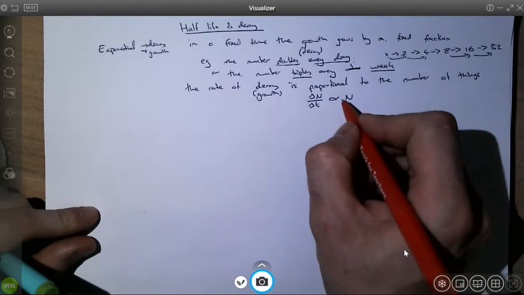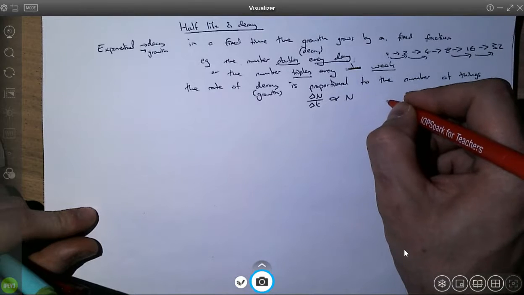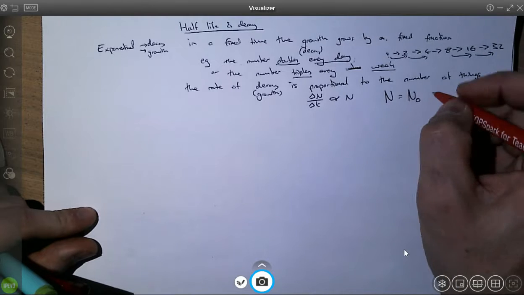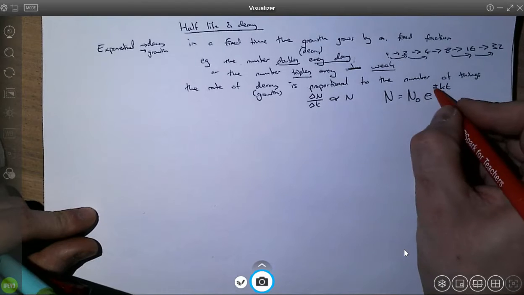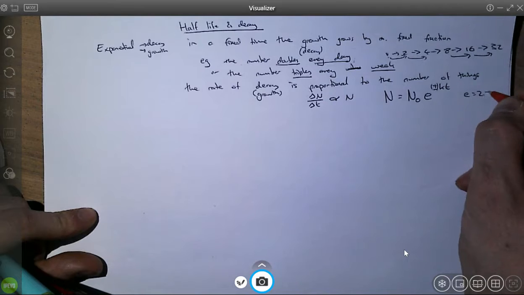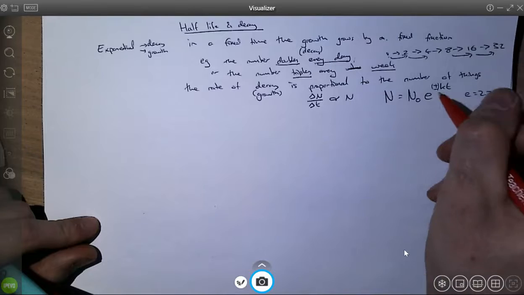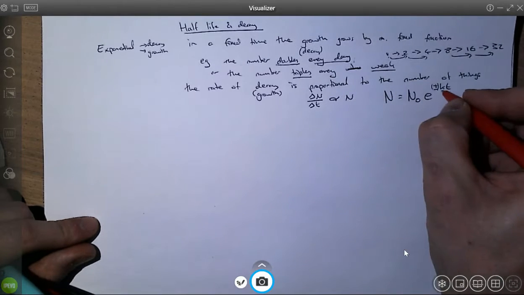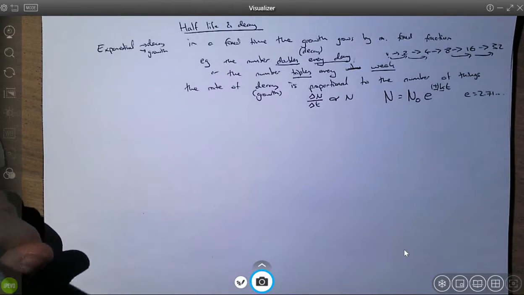And if you actually do the maths, if you follow this through, you would need to do some integration, but you end up with an equation that governs exponential decay or increase, where we basically have this equation here, and then it's plus or minus depending on whether we're getting bigger or smaller. e is a number where it's 2.71, it's a bit like pi, it's an irrational number. t is time, n is the number you start with, n is the number at a given time, and k is the decay constant, which is the fixed probability of decay.